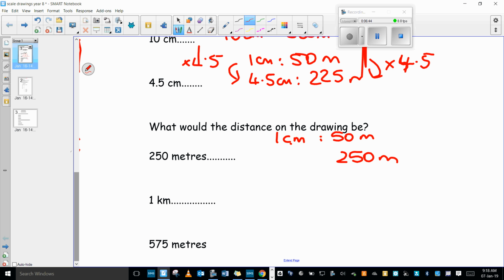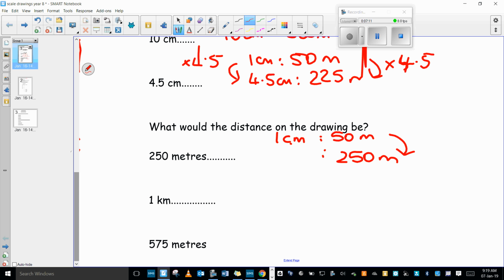Okay, let's make sure that everyone's happy with the method. It's a similar method to what we did before. We say, what did we do to this number here to get to this number here? When you're trying to work out what you've multiplied by, you're actually dividing on your calculator. So we plug into our calculator 250 divided by 50 to know what we had multiplied by.